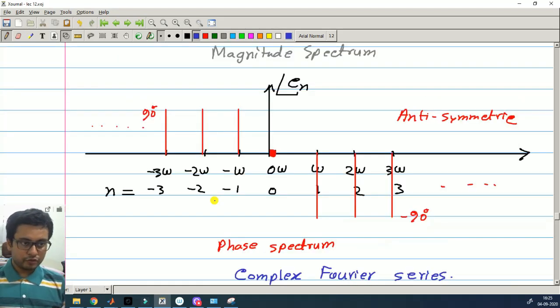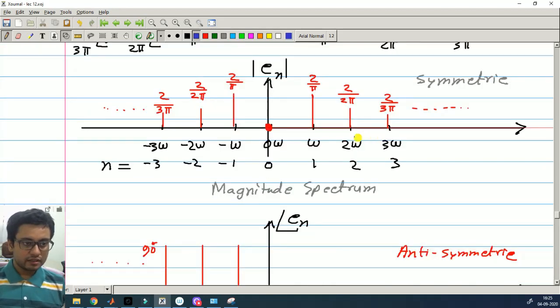This graph of phase or angle of Cn as a function of n is called a phase spectrum, and this graph of magnitude of Cn as a function of n is called a magnitude spectrum.